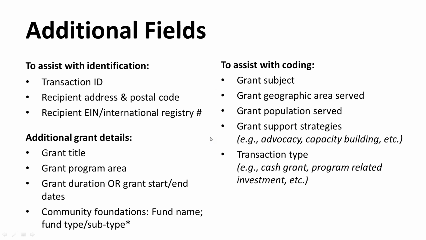If you don't provide coding that gets at these things, and I should mention that this can be your own coding, you don't necessarily need to use our taxonomy if you have your own. But if no coding is provided within the data that you send to us, we'll basically try to extract this information from the grant description or other information you provide, such as what we know about the recipient being funded.